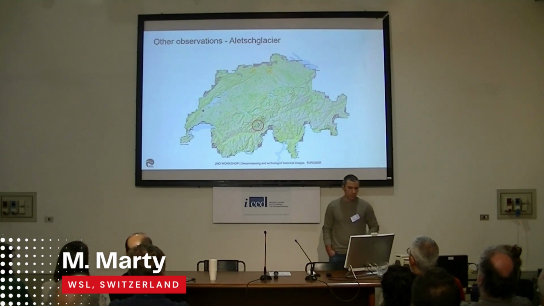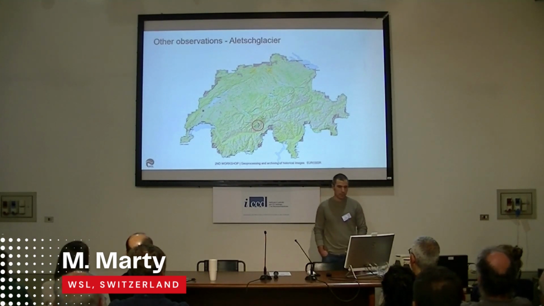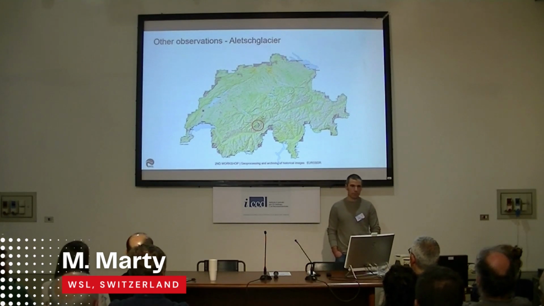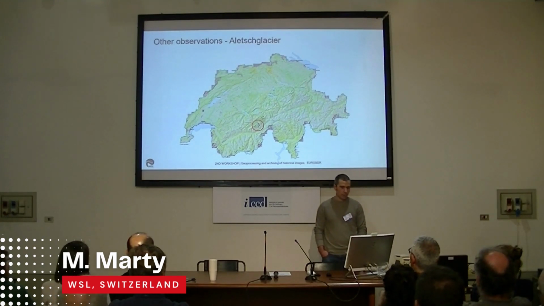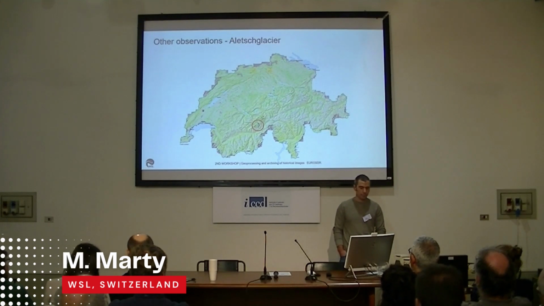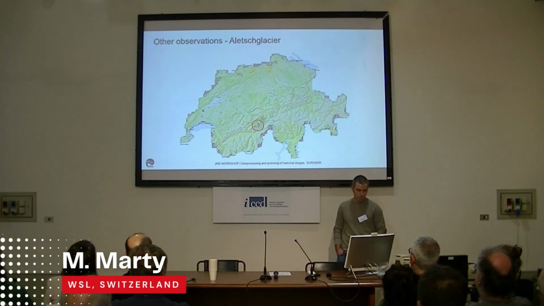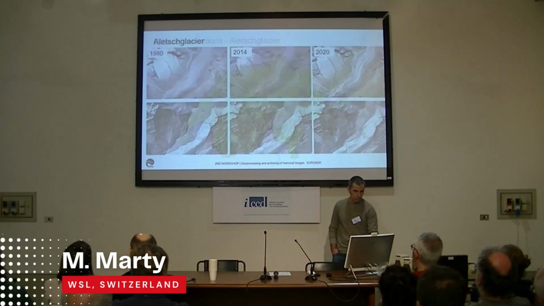And then if you generate such nationwide data sets, you sometimes have some other interesting observations. Here in this example you see the Aletsch glacier, the biggest glacier of the Alps, in the vegetation height model of the 1980s, and you see that the values are really strongly negative. And then if you have time, you look more into detail.